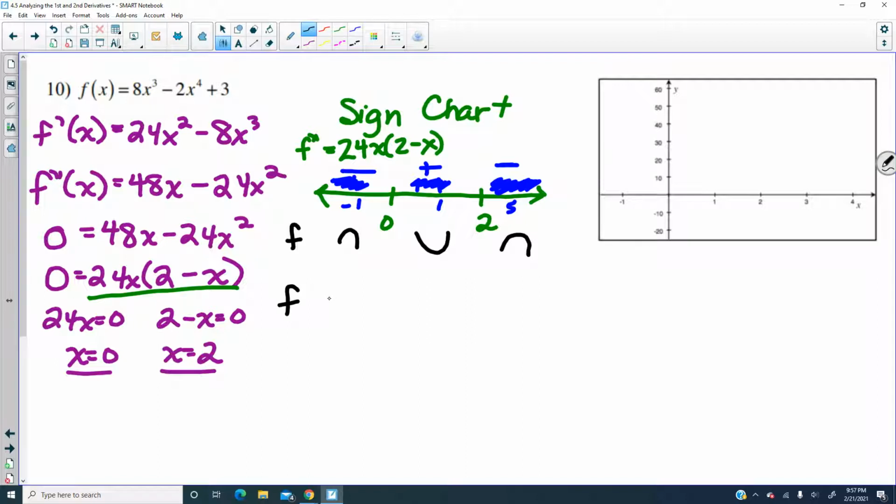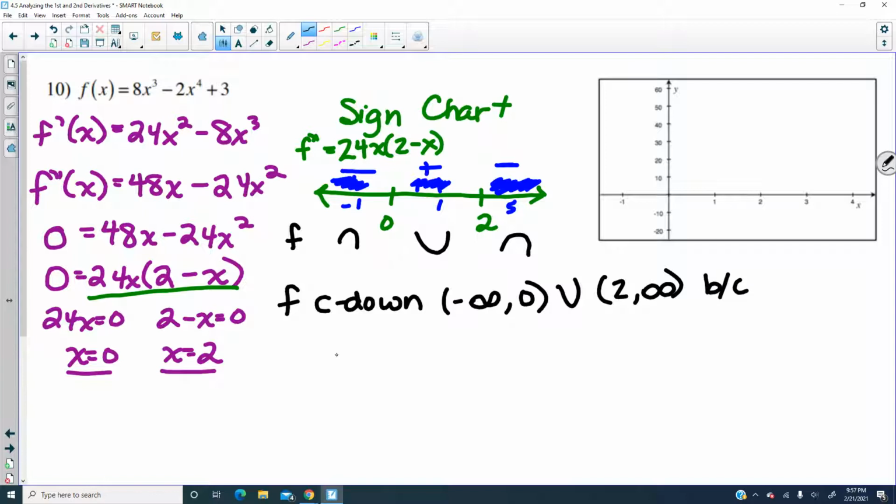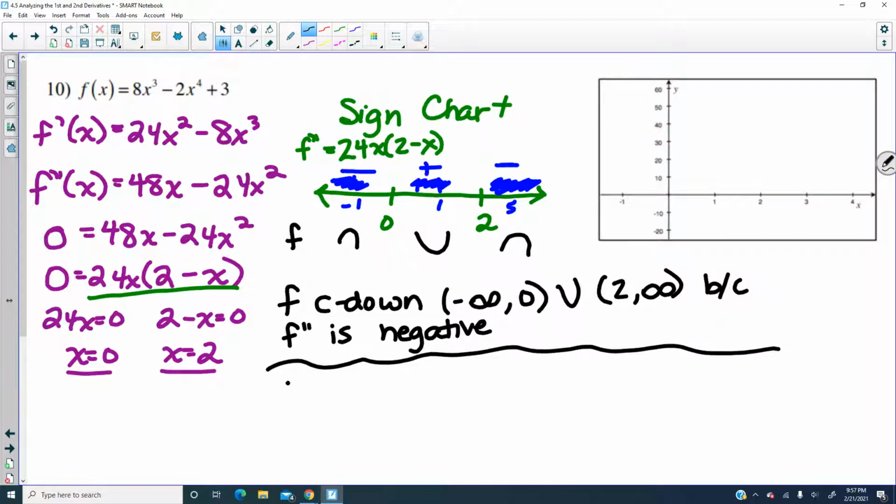F is concave down from negative infinity to 0, and then again from 2 to infinity, because f double prime is negative there. Then I can also say that f is concave up from 0 to 2 because f double prime is positive there.